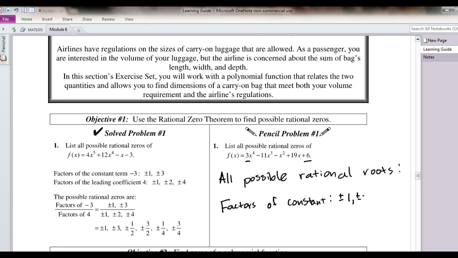Then it could also be divided by plus or minus 2, plus or minus 3, or plus or minus 6. Those are all the numbers that divide positive 6 evenly. And then factors of the leading term. This one there's actually not that many because 3 is prime, so it's just plus or minus 1 or plus or minus 3.